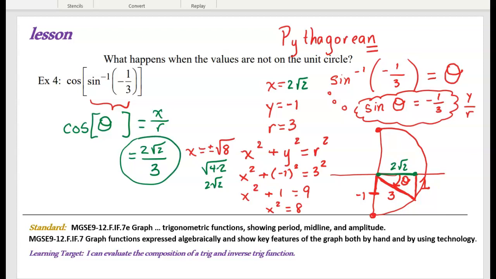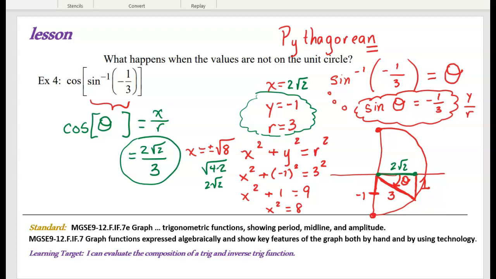Okay, so in this problem, nothing to do with the unit circle, everything to do with building a right triangle, using the sufficient information, y and r, and the fact that theta is in the fourth quadrant, negative. That's what this tells me. Theta is negative and in the fourth quadrant. To find x, and if I know x, then I can find cosine of theta. It's a lot of background information.